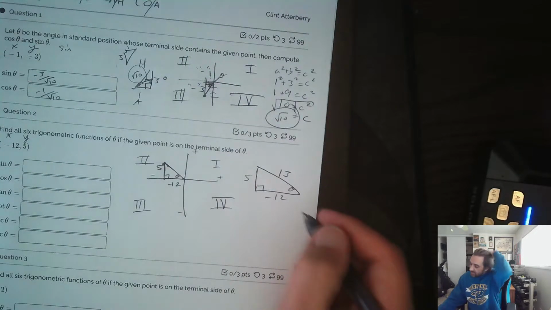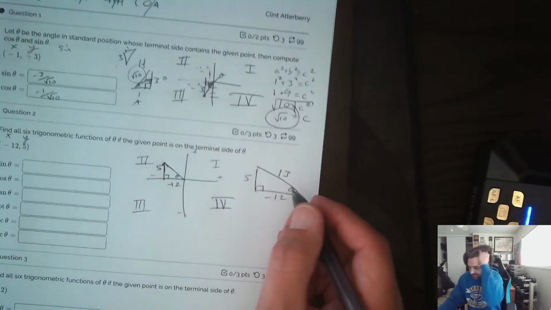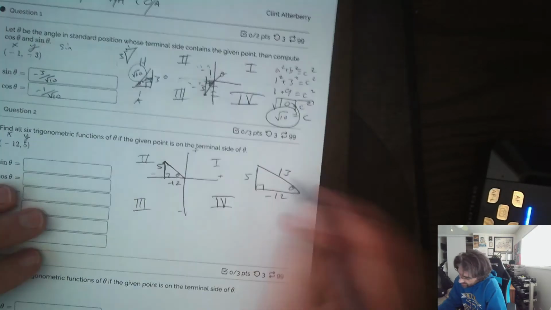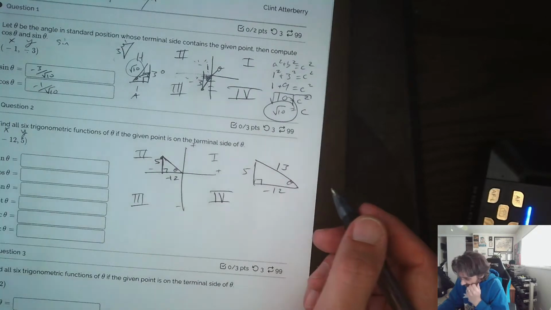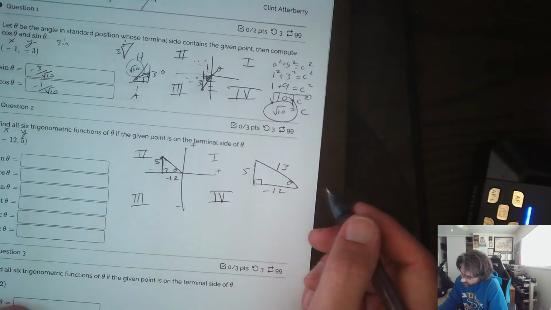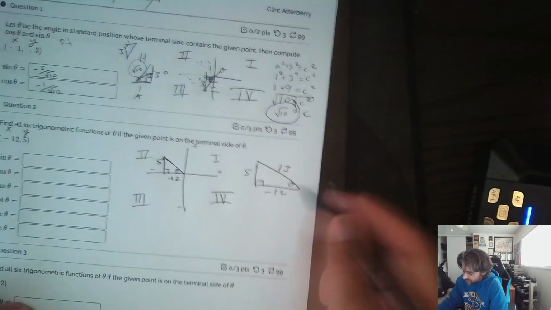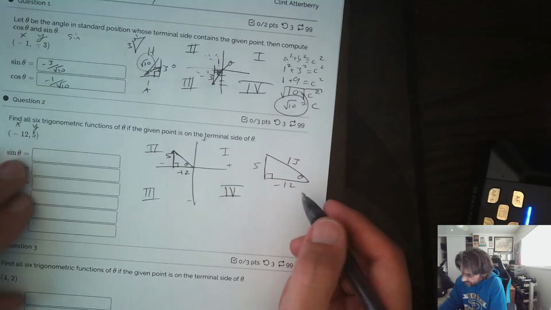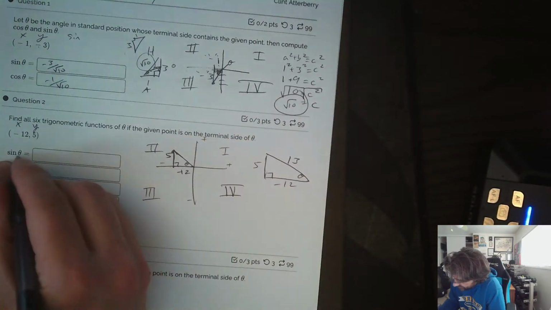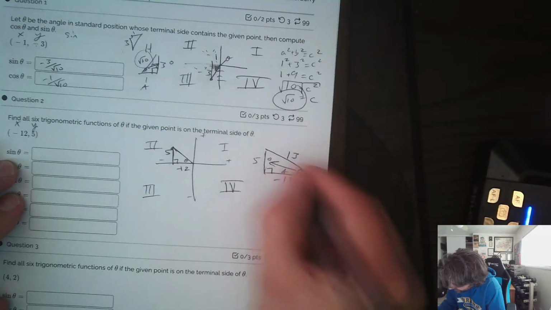Now the hypotenuse here, we'll just leave it positive for right now. Let's take a look at the sine theta, opposite, adjacent, hypotenuse.